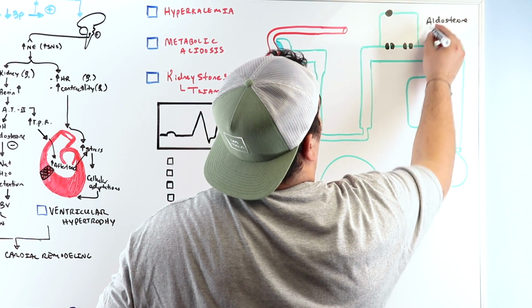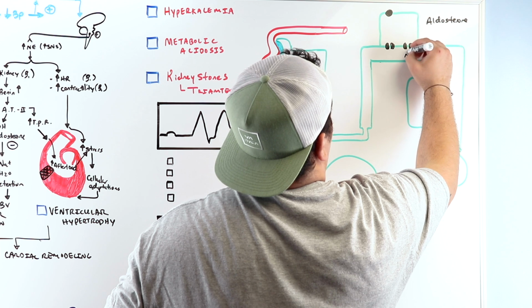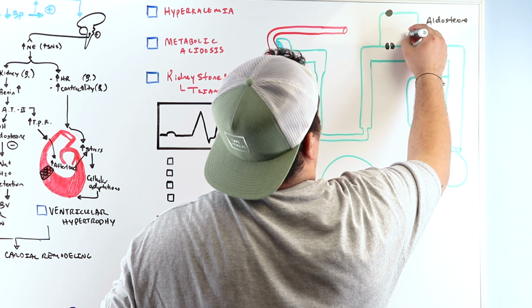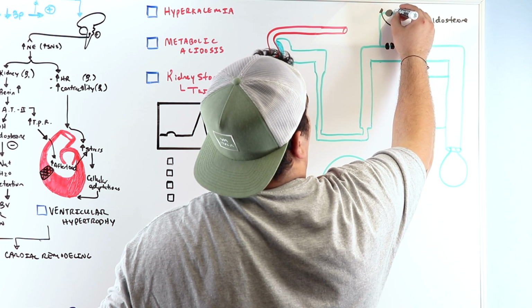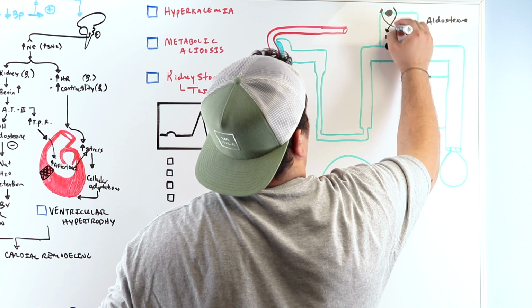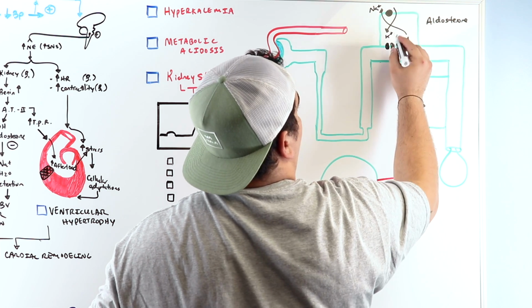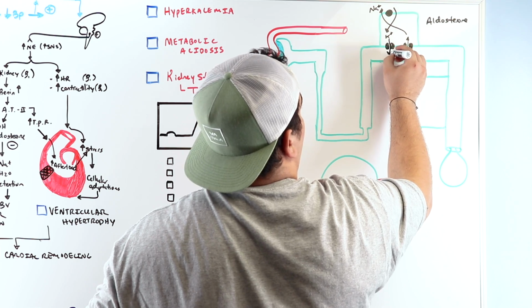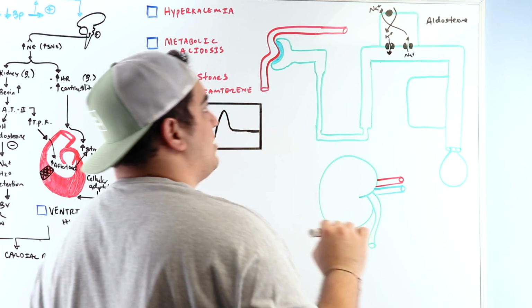Well, remember, what do we know? We know sodium moves into the cell, right? And we know that in order for it to get out of the cell, it needs the sodium-potassium ATPases. And potassium moves into the cell as sodium moves out of the cell. And then again, potassium exits the cell via these potassium transporters.